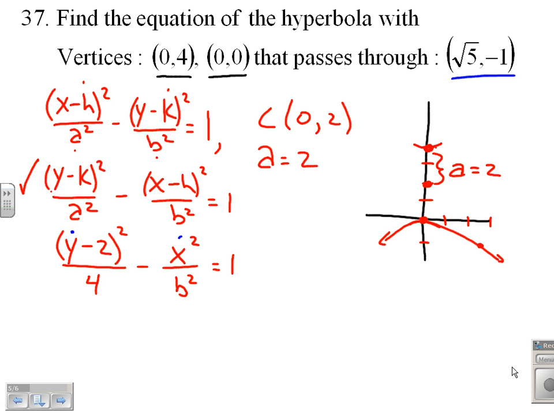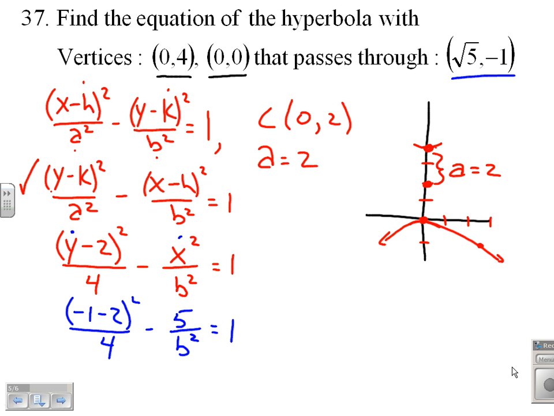So let's go ahead and do that. In for y, I'm going to put -1. So I get (-1 - 2)² on 4 minus, in for x, √5, so √5 squared, 5, on b² equals 1. And I ought to be able to solve for b².